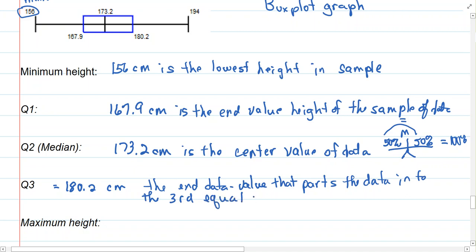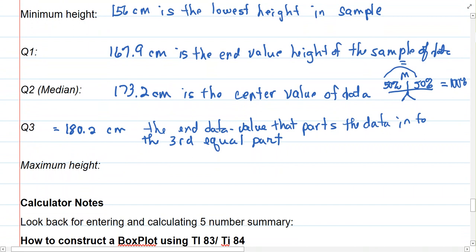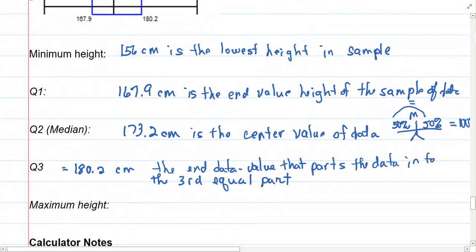And again, remember that each quartile has an equal number of data. And if we notice it's a 0.2, so it was probably between two numbers when it's a decimal. And the highest value on our item is 194.